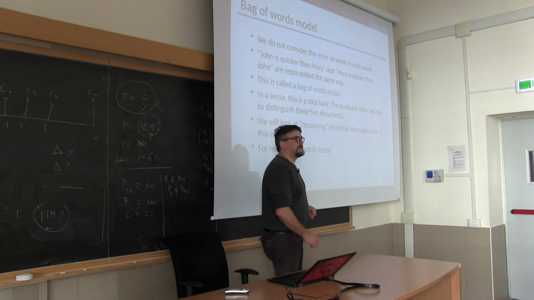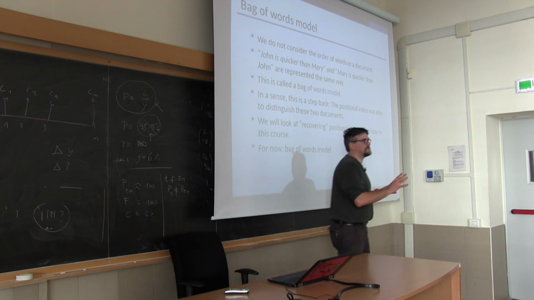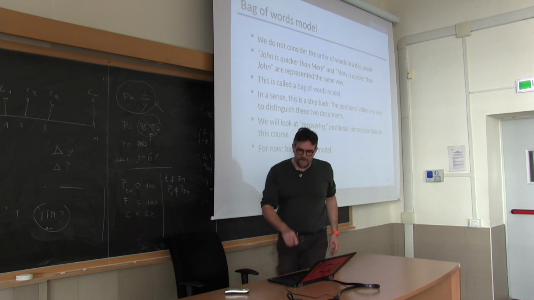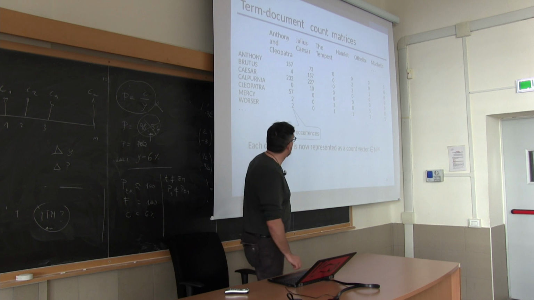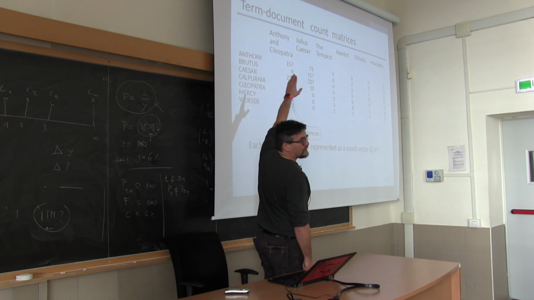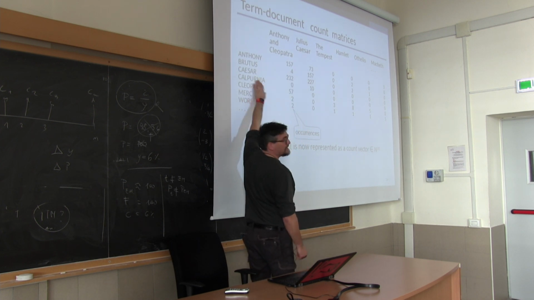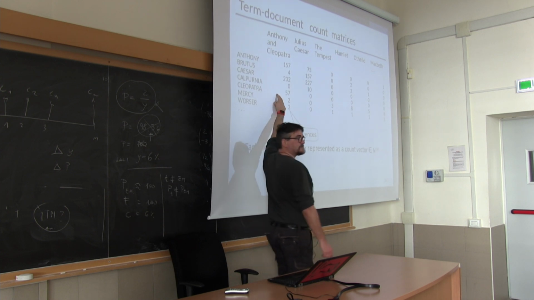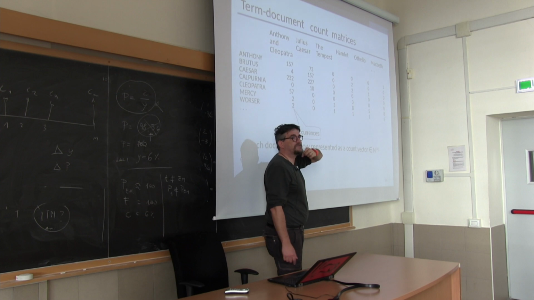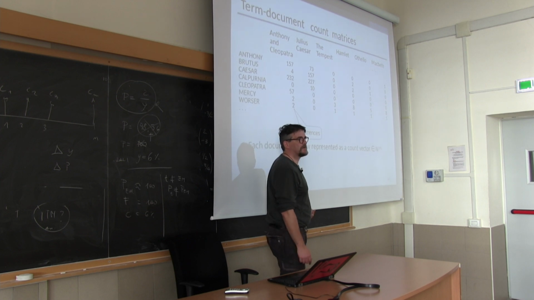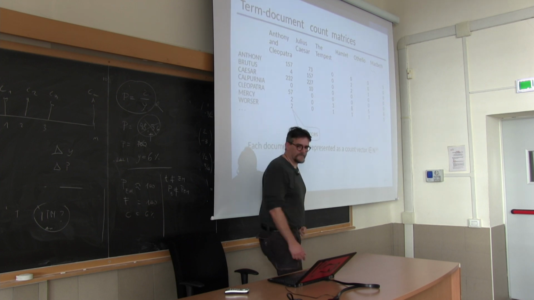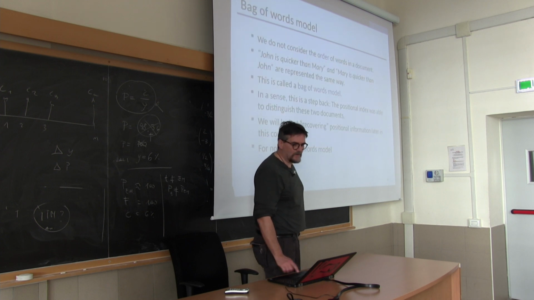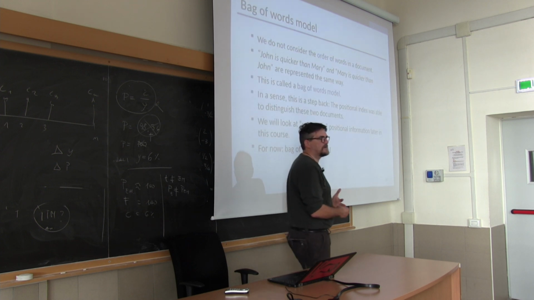Notice, however, that in this model, the document Antony and Cleopatra is defined by a vector of terms in which, for each term, we have the frequency of that term in that document. So this is the so-called bag of words model.